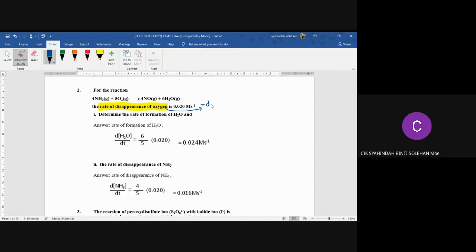Negative rate of oxygen berapa? Rate di concentration of oxygen over dt. Okay, because this whole thing di concentration of oxygen over dt ni ialah rate. Minus ni maksudnya disappearance.